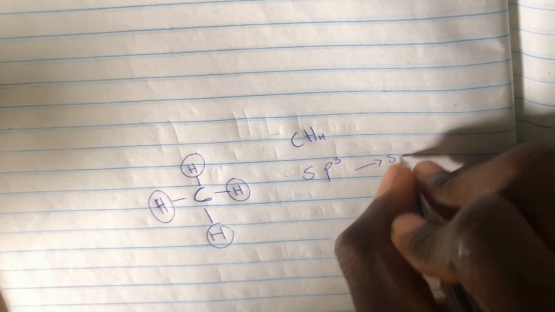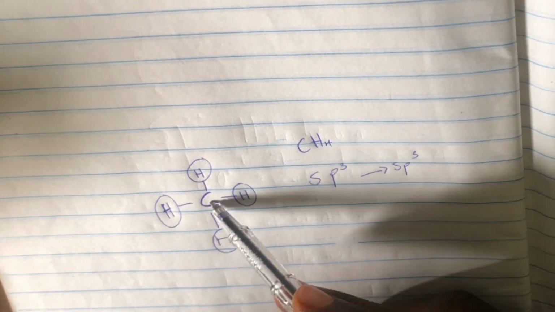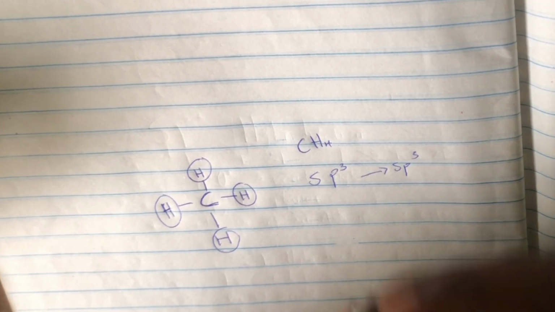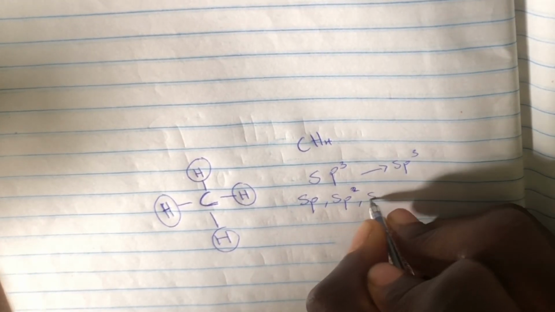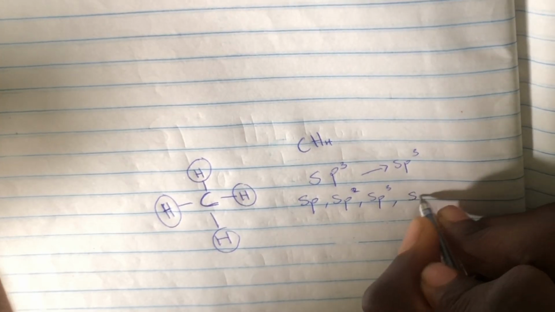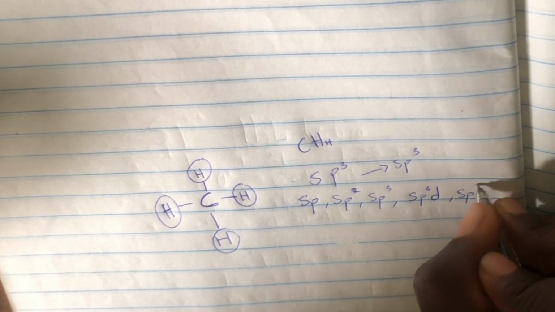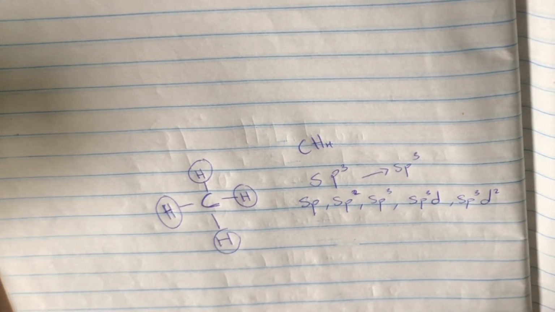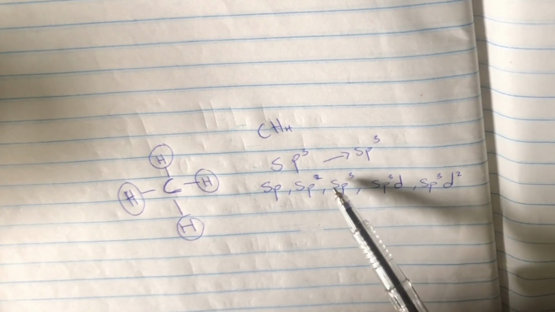That's how we know that the carbon here is SP3. There's SP, SP2, SP3, SP3D, SP3D2. You understand? In all these hybridizations, which one has just 4? It is SP3, because 1, 2, 3, 4.